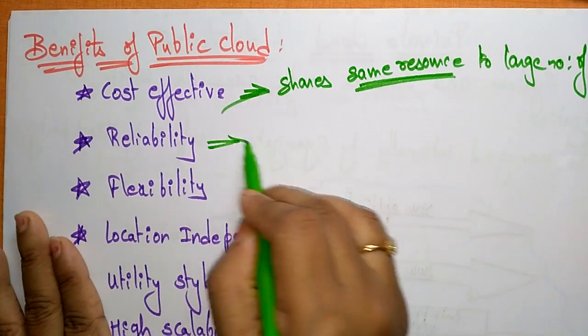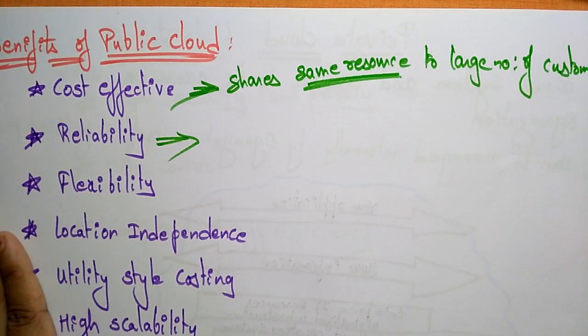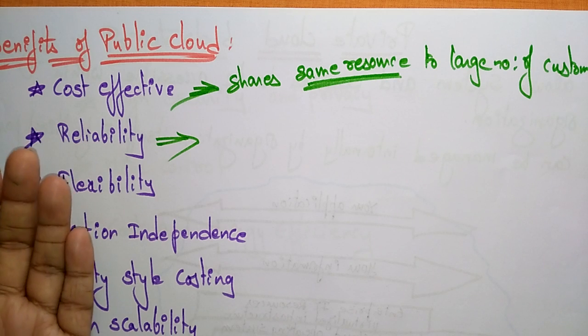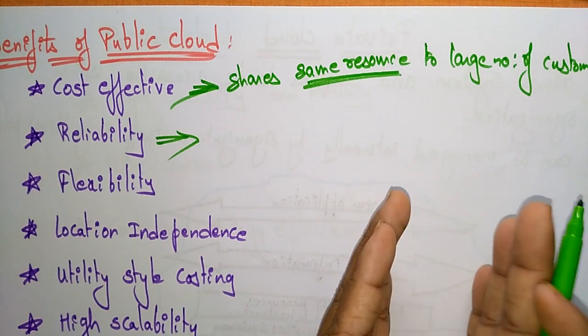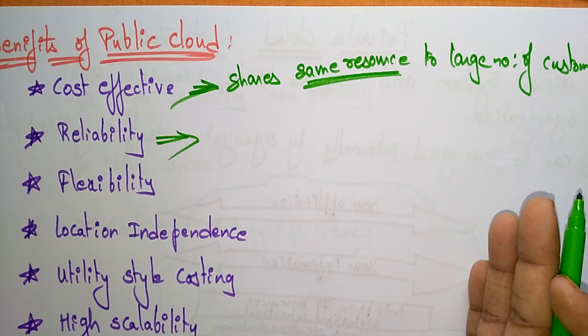And coming to reliability, how can I say my public cloud is reliable? The public cloud employs a large number of resources from different locations. If any of the resources fails, public cloud can employ another one. So whenever one system fails, it goes to another. That is, the reliability is there.